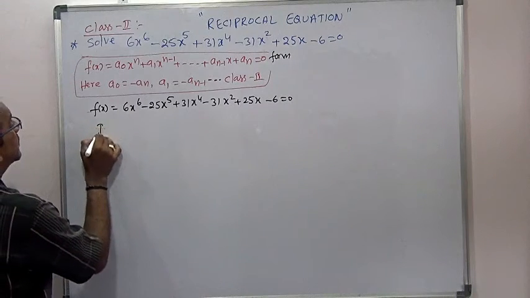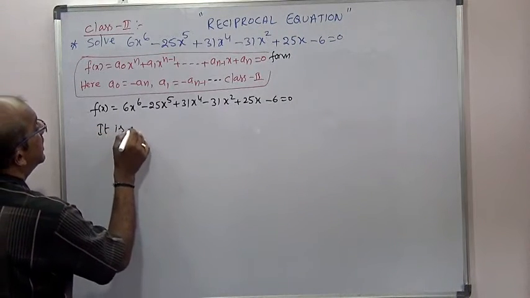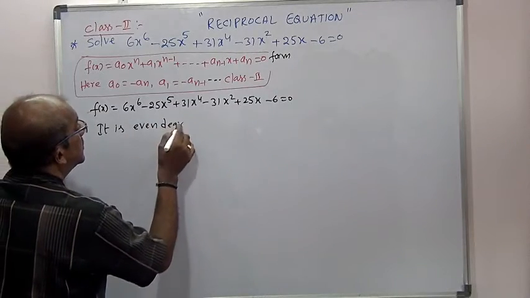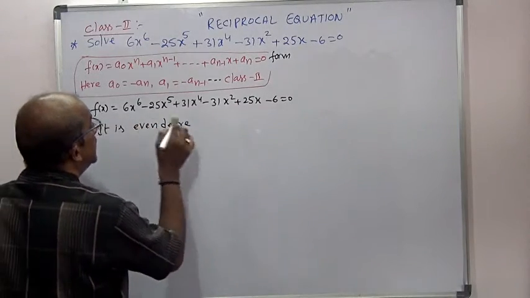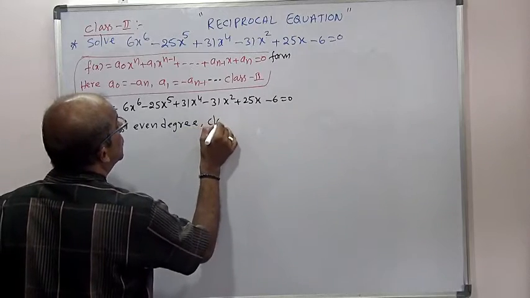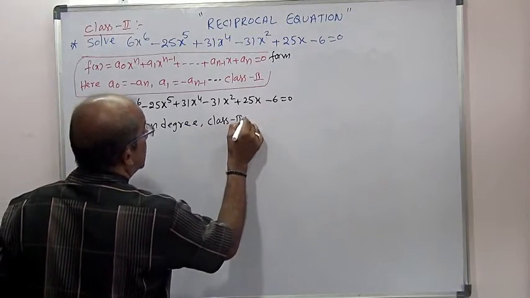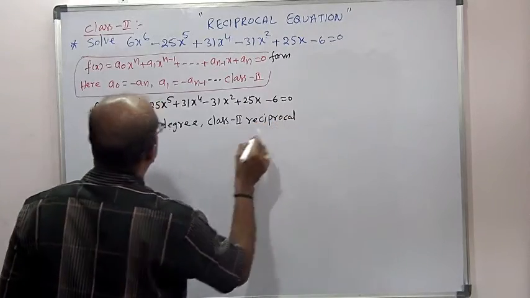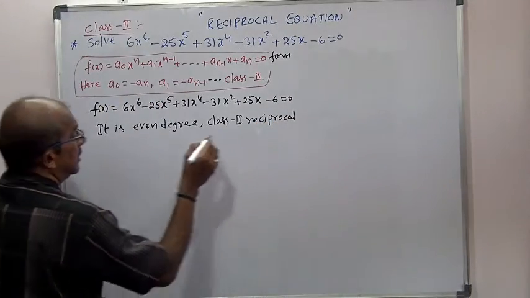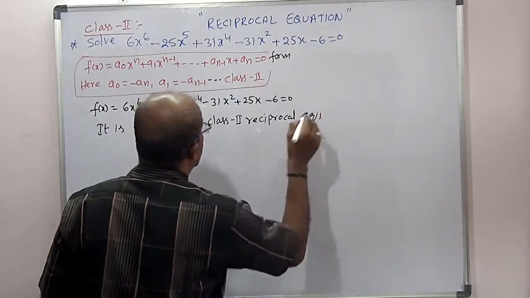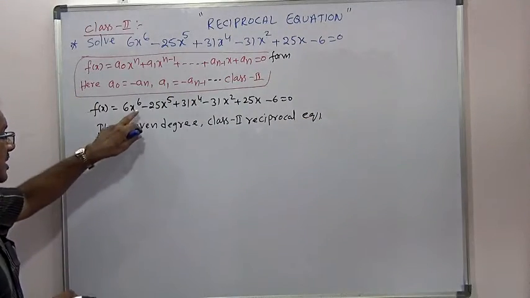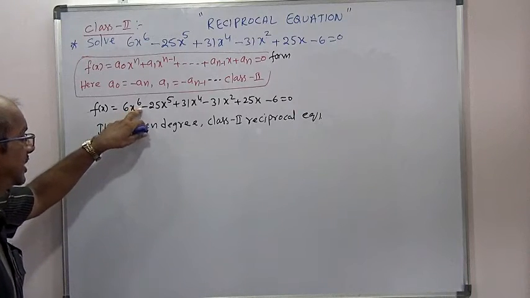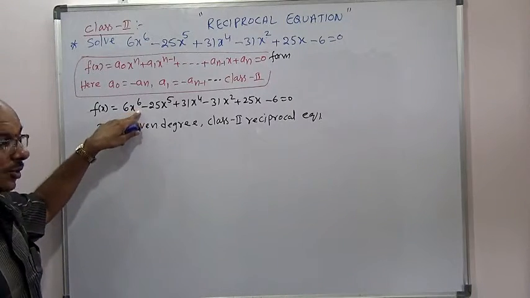So it is an even degree, class 2 reciprocal equation. But what is the highest degree here? 6th degree. So the 6th degree can be reduced up to the 4th degree.